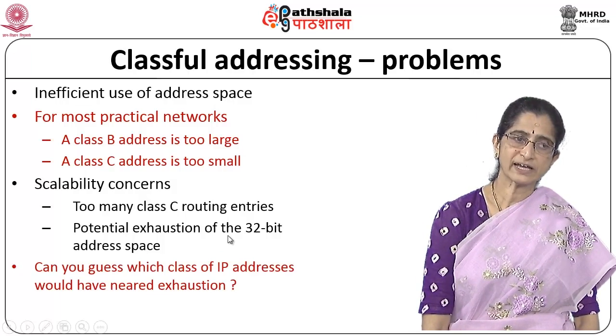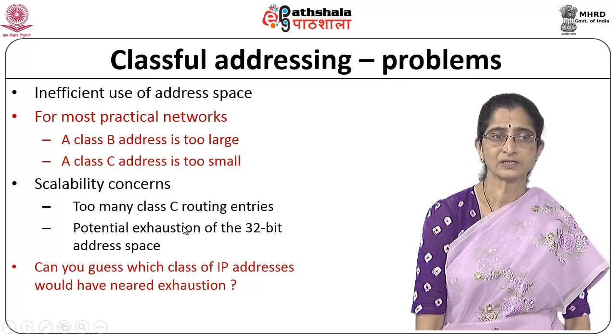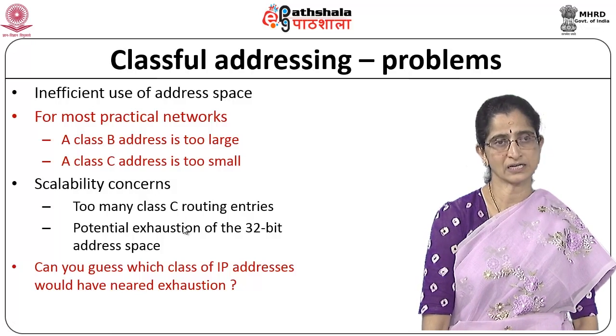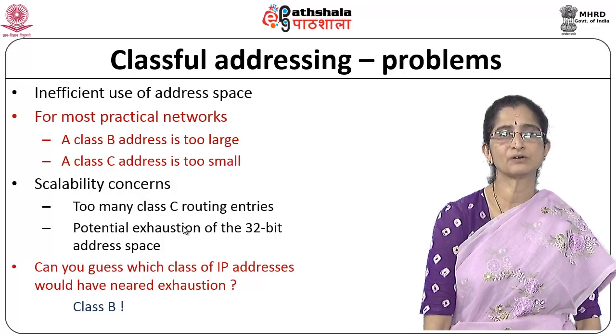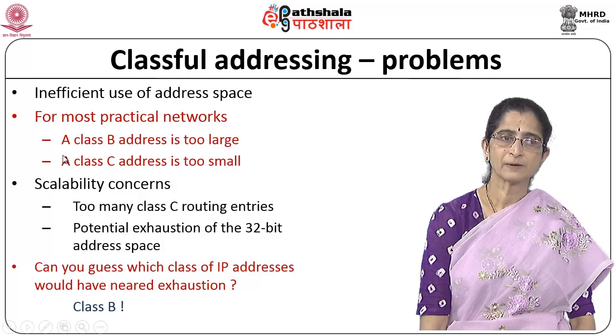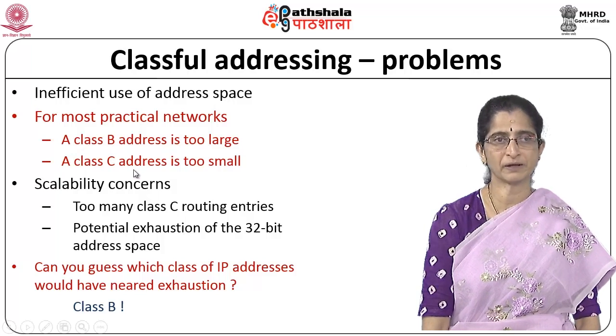So you have this problem of the 32-bit address space getting exhausted, and that is something we really need to handle. Can you guess which class of IP addresses would have neared exhaustion faster? Class A, class B or class C? If you think about it, it is class B that got exhausted faster, because A is too large, so you do not pick up a class A address, and C is too small, so you do not pick up a class C address.